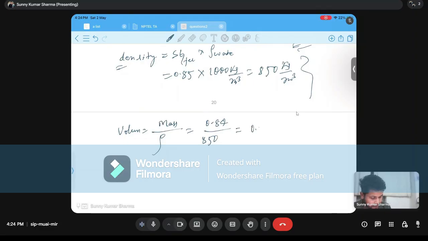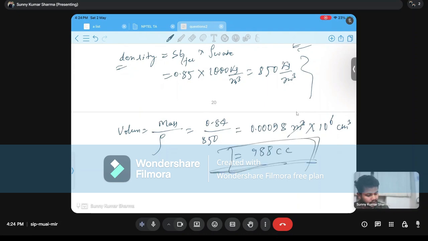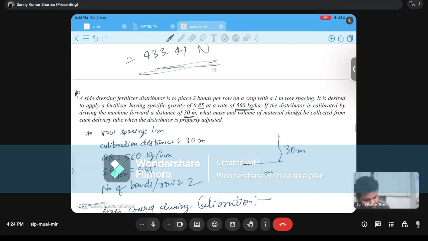It is 0.00098 meter cube. And if you want in centimeter cube, multiply by 10 to the power 6, so it will become 988 cc. So this is the volume in each tube that was asked.